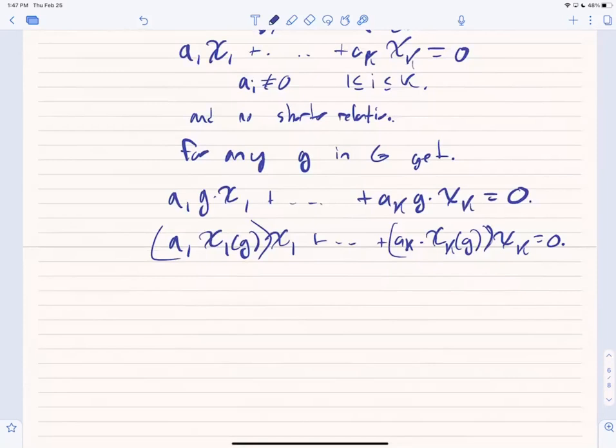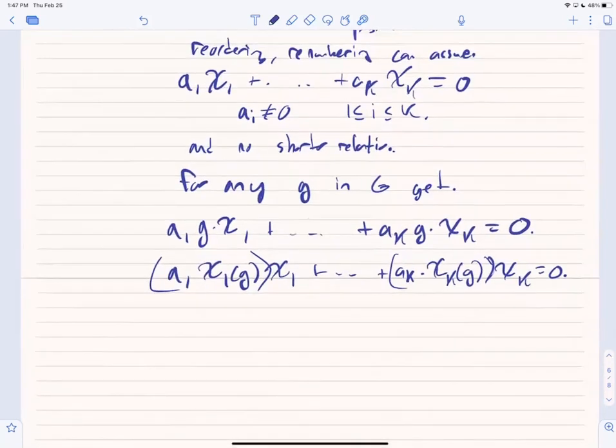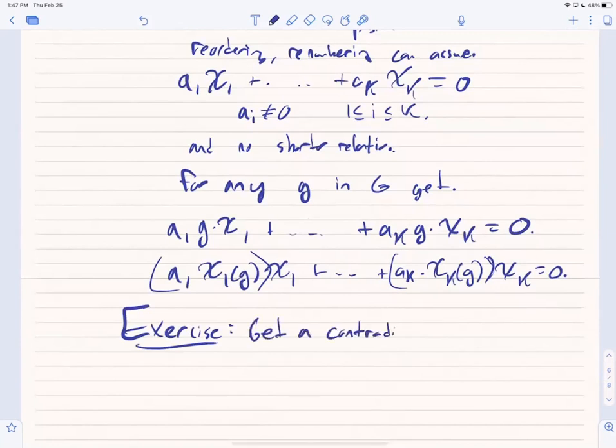Okay, but good. Actually, it's probably good to leave it as an exercise at this point, to get a contradiction, because we're out of time anyway. The point is, I started with one linear dependence, and now for any G, I can get a new linear dependence.